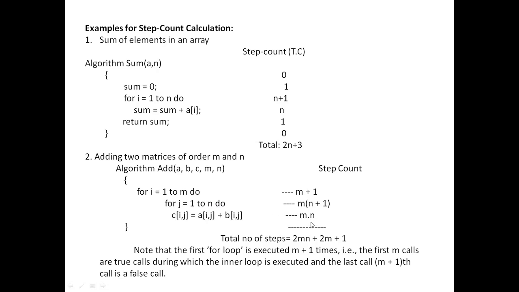So m into n. Now you solve this: mn plus m, plus mn, gives 2mn. Then m into 1 is m, so here there is m, here there is m, so 2m. So 2mn plus 2m, and already this one, 1. So the step count of this algorithm is 2mn plus 2m plus 1.